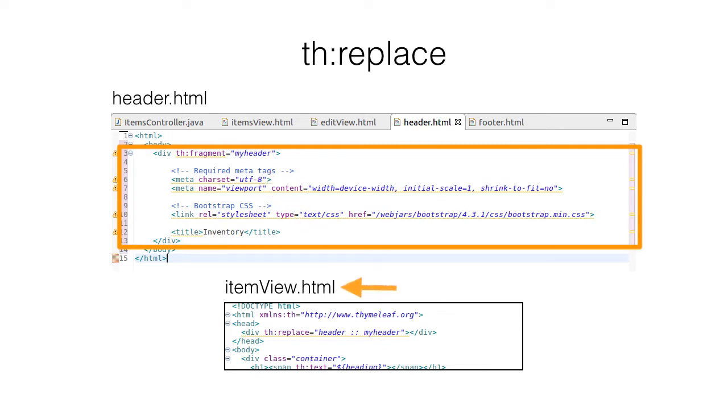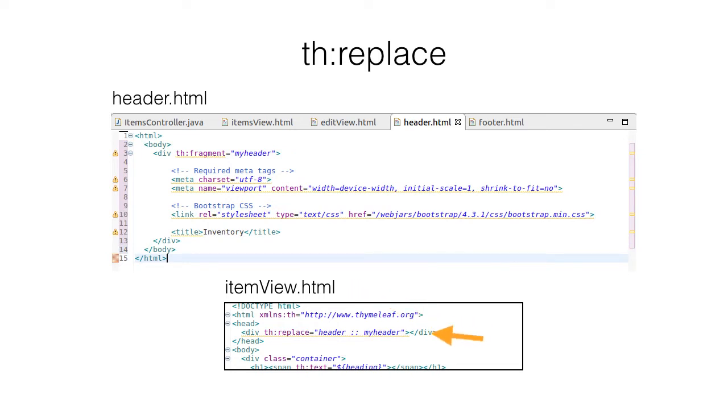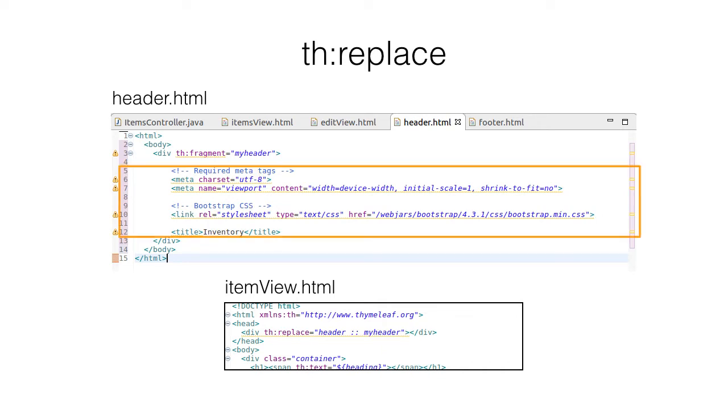In the actual web page, we insert it inside a div, referring to it with th:replace and then mentioning the name of the file, here header for header.html, and then the name of the fragment in that file, here myHeader. What th:replace does is that it takes the content inside the fragment and replaces the div lines here with that.